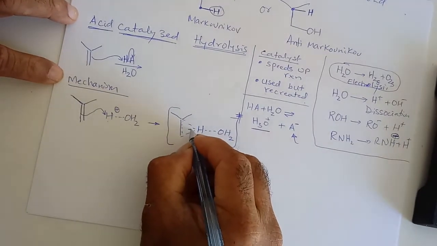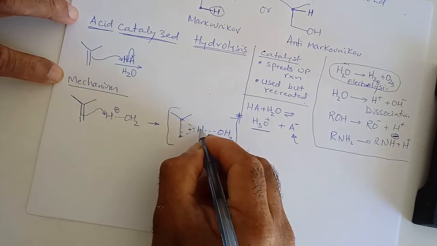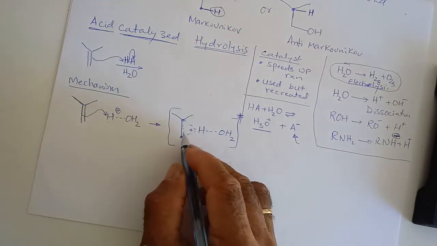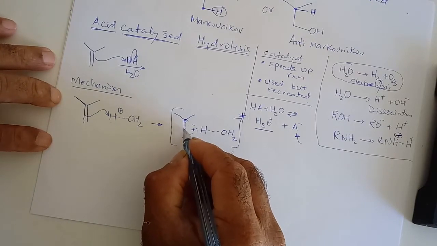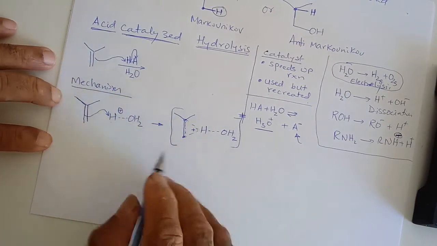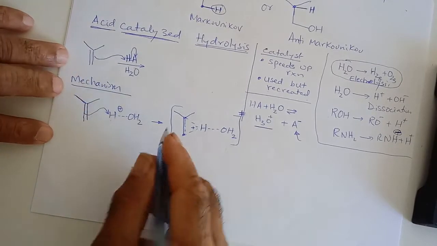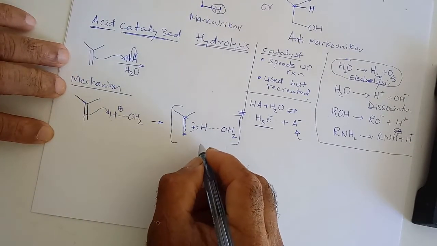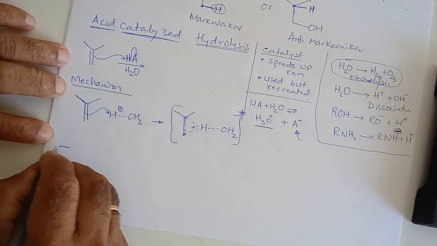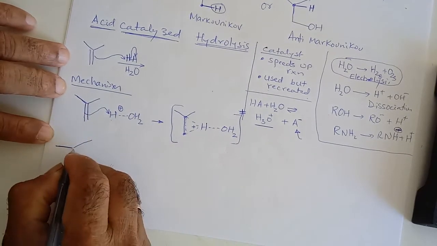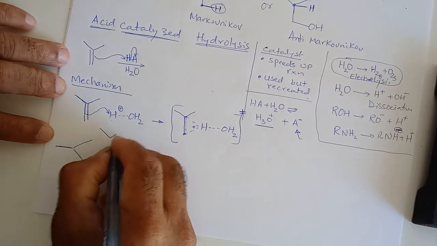So the positive charge is now shared by these three atoms: this carbon, and this hydrogen, right? So these three are going to share the positive charge. But the pi electrons here are used as collateral to do this process. Okay? So what's going to happen? This is where our regio selection comes in, right? If I continue, your regio selection, I'm going to write the one on the top to be thrown out.